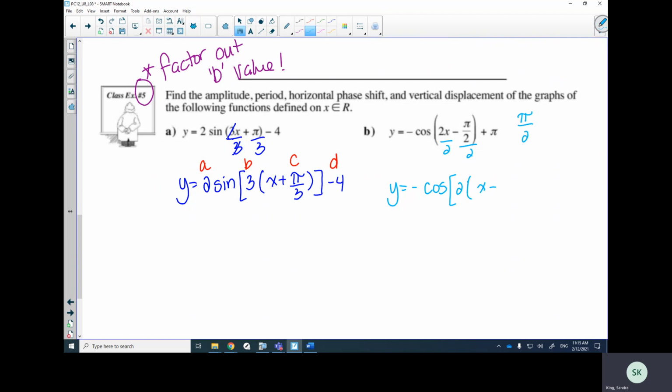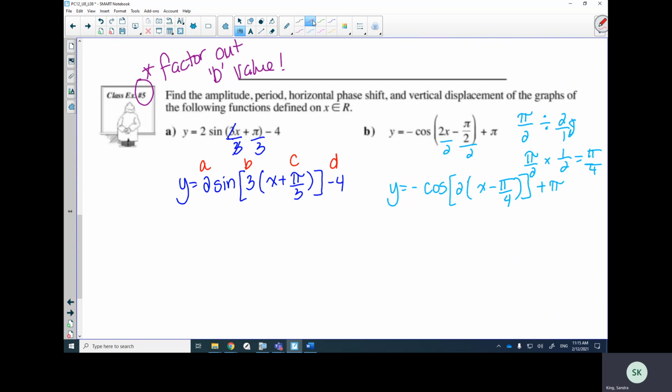So pi over 2 divided by 2 is the same thing as pi over 2 times 1/2, which is pi over 4. So my C value, pi over 4, and then plus pi.